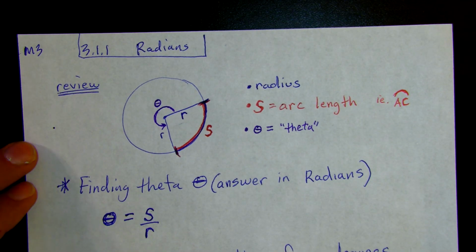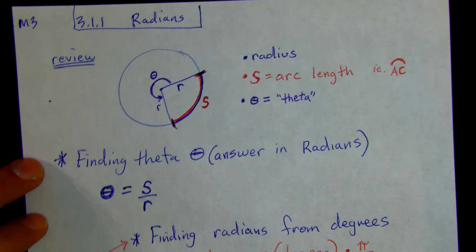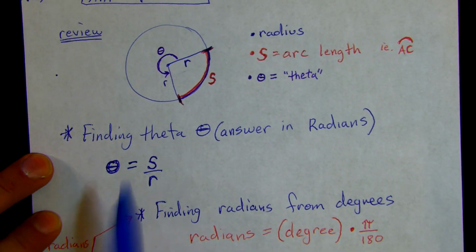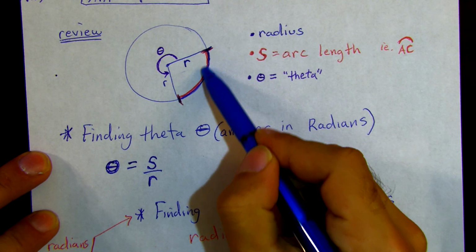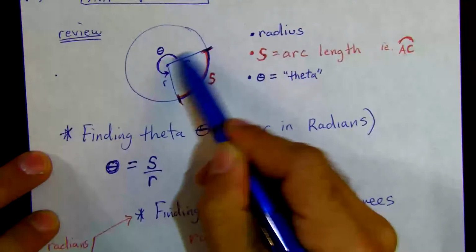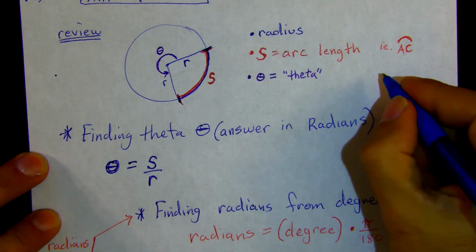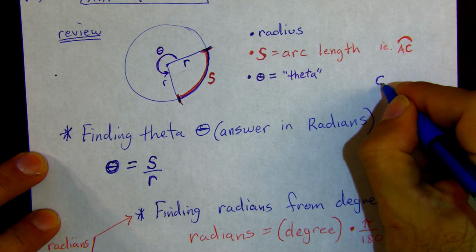All right, so that is the breakdown of the parts of the circle. Now, if we're finding theta, theta is the relationship between the arc length and the radius. And we're going to see this later when we learn about the circumference. We've seen this before.